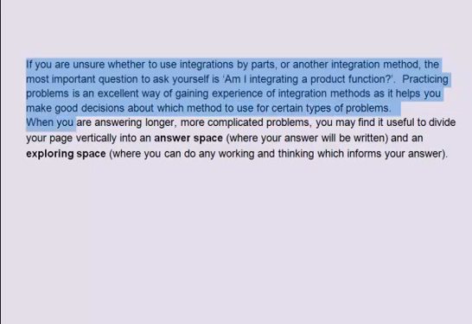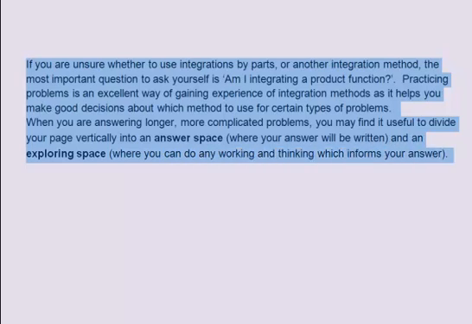When you are answering longer, more complicated problems, you may find it useful to divide your page vertically into an answer space, where your answer will be written, and an exploring space, where you can do any working and thinking which informs your answer. Here we have divided our page into answer space and exploring space.